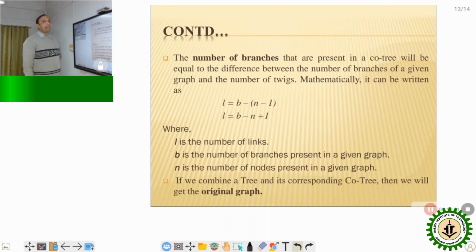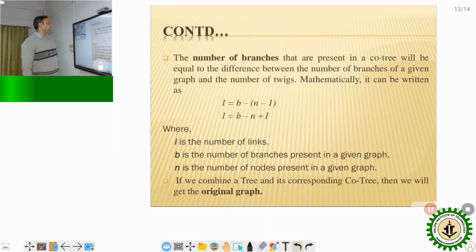Now, how many branches will be present in the case of the core tree? There is also a formula: L equals B minus N plus 1. So the number of branches present in a core tree will be equal to the difference between the number of branches of a given graph and the number of twigs.